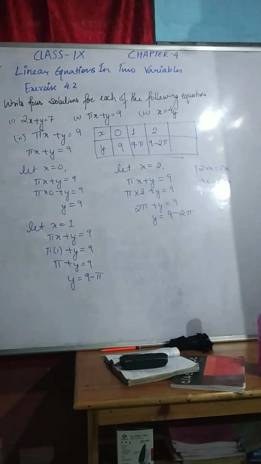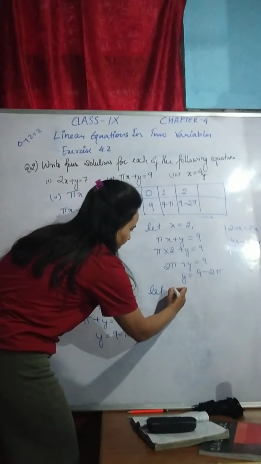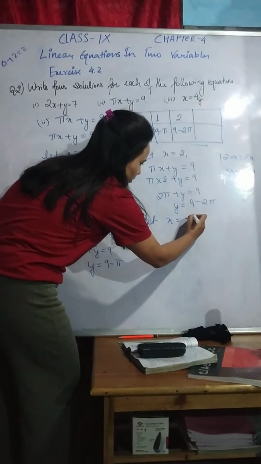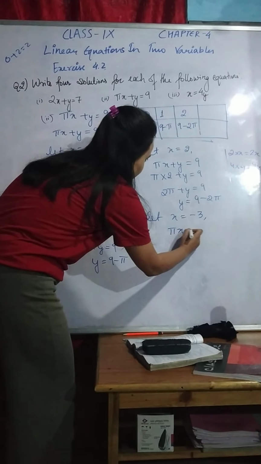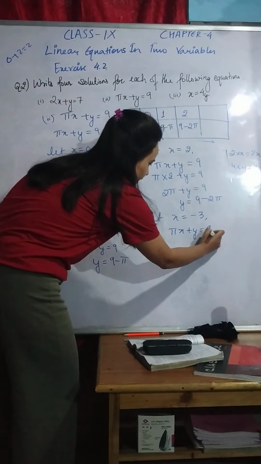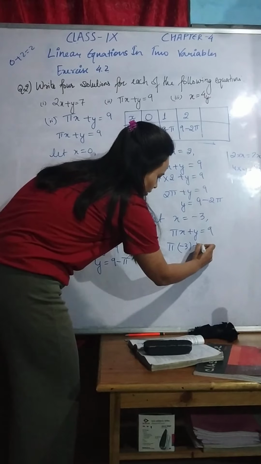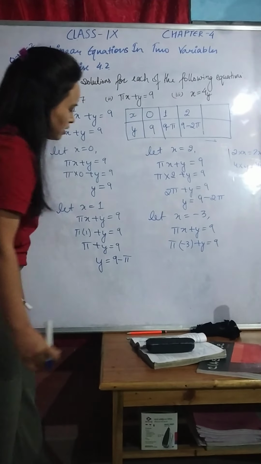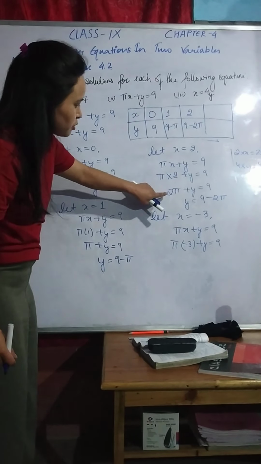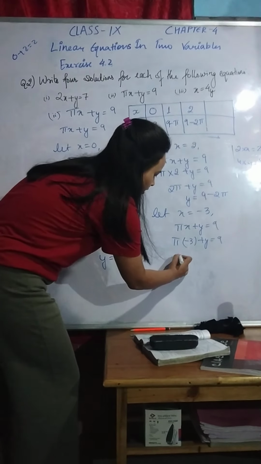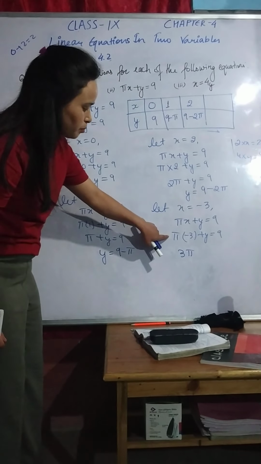Okay, now we have to find one more solution. Let x is equal to, let's take a negative value, minus 3. Now this is pi x plus y is equal to 9. So this is pi, in place of x, minus 3, plus y is equal to 9. So this is the same as this one. Like 2 times pi is 2 pi, so 3 times pi is 3 pi. But in this case, we have minus here and this is positive plus.